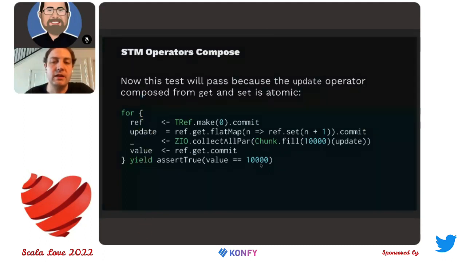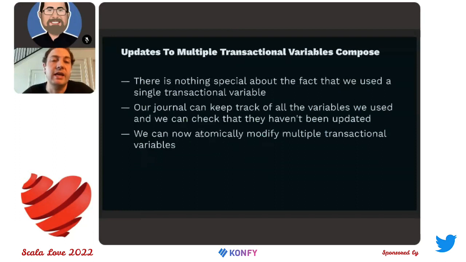This is always going to be 10,000 because the fact that I did these operators within one block that I committed means that as far as the rest of the world can see, these are always going to occur as if they were one atomic operation. And in this case, I could have done this particular atomic operation with a normal ref with update, but this STM transaction can potentially be as large as I want it to be. And it doesn't even have to be limited to one variable.